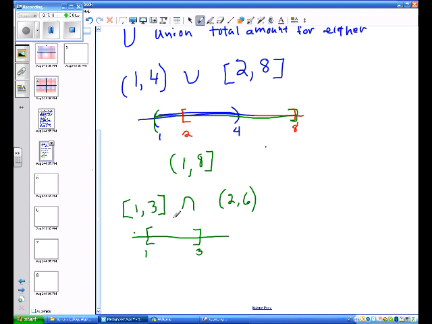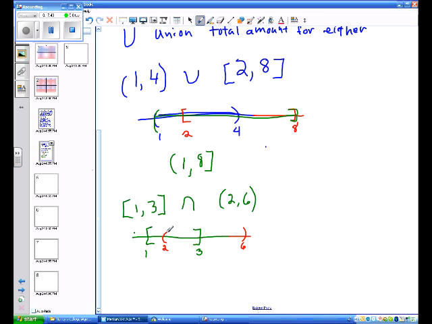Then we want 2, 6. So 2 would be here, and we'll put 6 out here. Now what we want is what was common to both of them. Well, this part was common to this one, but not to this one. So we can't include that.